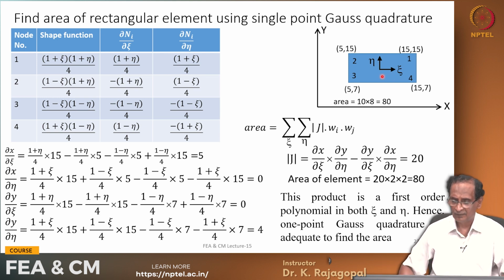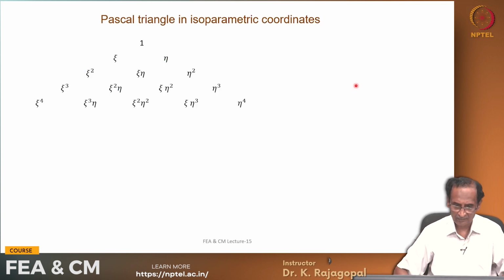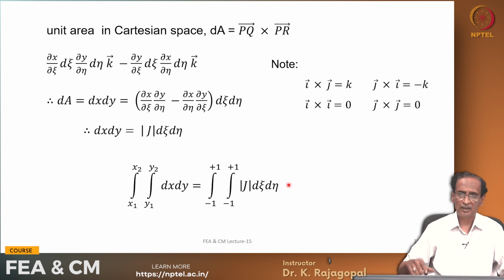The area of the element, integral dx dy integrated from x1 to x2, y1 to y2, is the determinant of the Jacobian matrix J d xi d eta integrated from -1 to +1, and this in a numerical form we can write in the summation form like this.